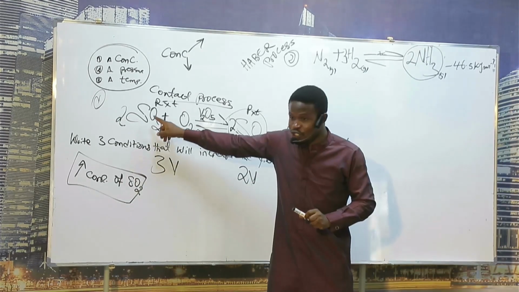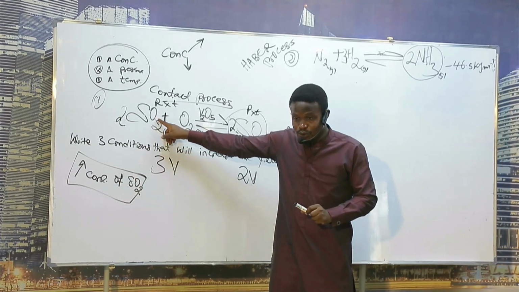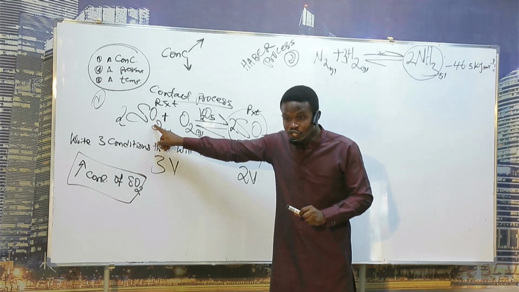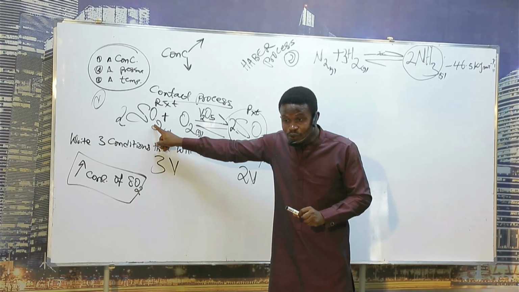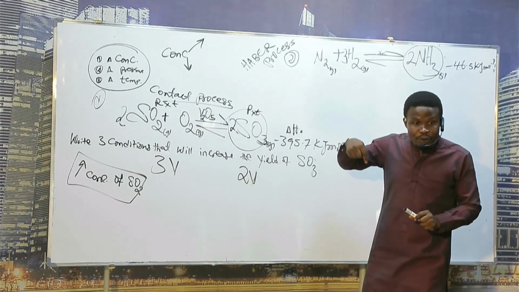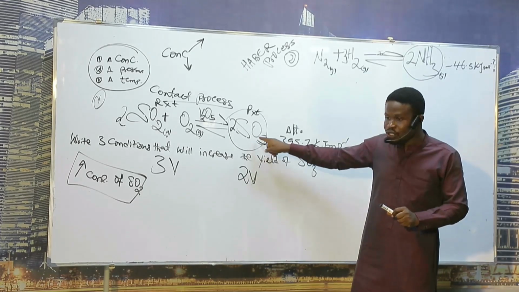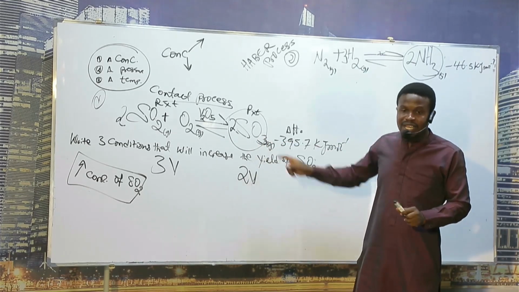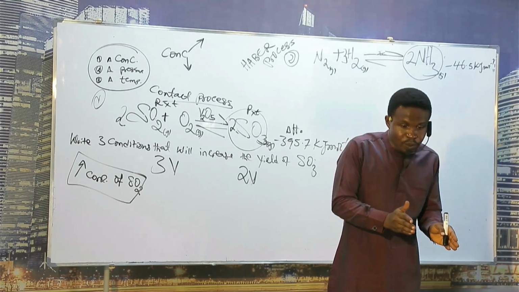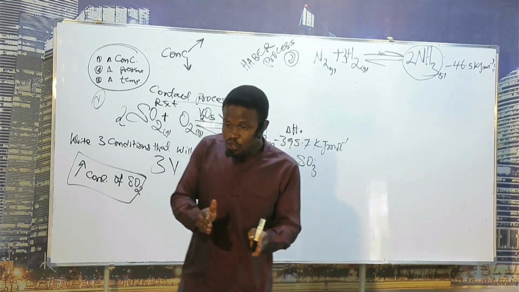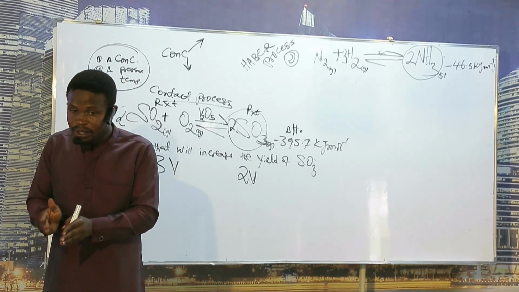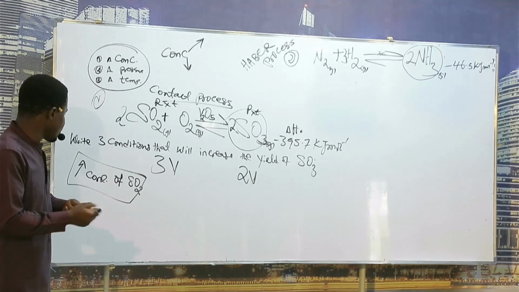Increasing the concentration of SO2. If you increase the concentration of SO2, it will shift the equilibrium position to the right-hand side to favor the production of SO3. We say when you increase the concentration of the reactant, the equilibrium position will shift to favor the product. Okay. This is number 1.